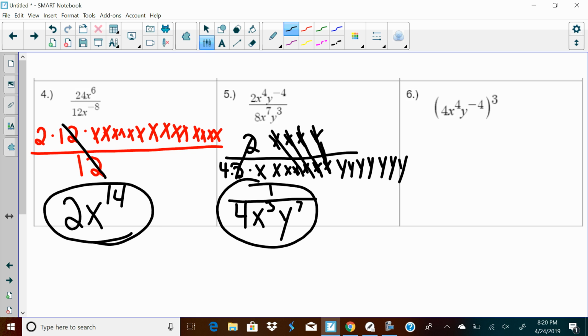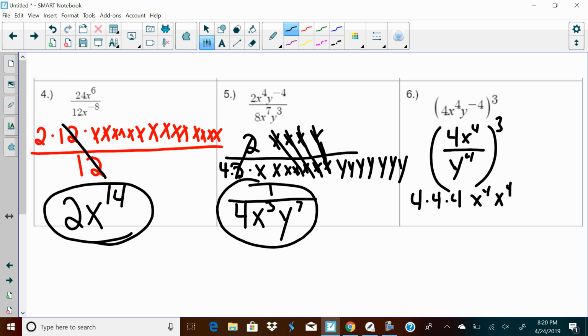So for the first part, I'm going to write it as like y to the 4th and x's, and then I'll cube it. So I have 4x to the 4th, y to the 4th, 3 times. So I'm going to have 3 4s, x to the 4th 3 times, and then y to the 4th 3 times.